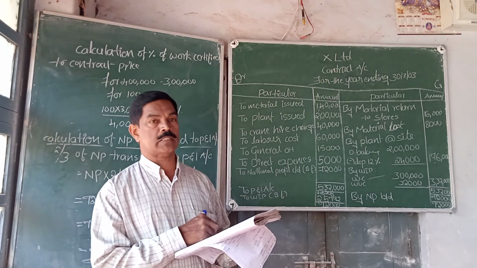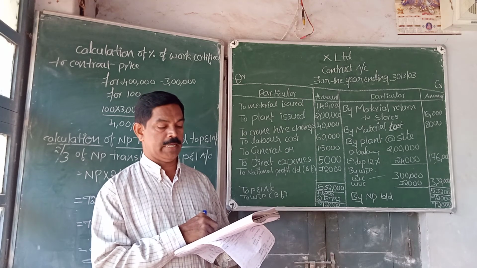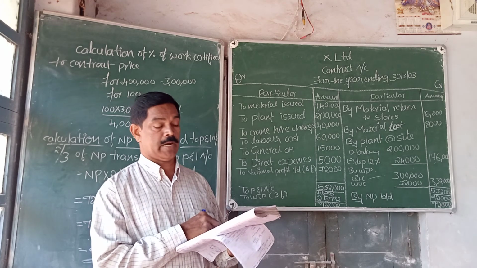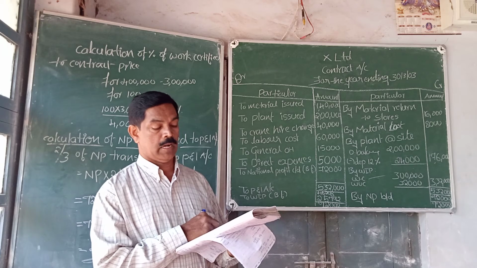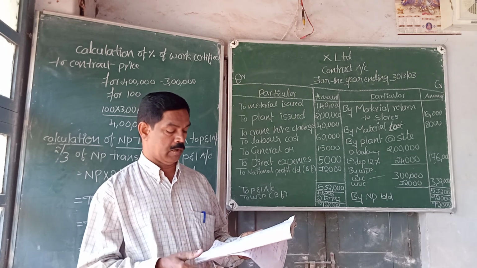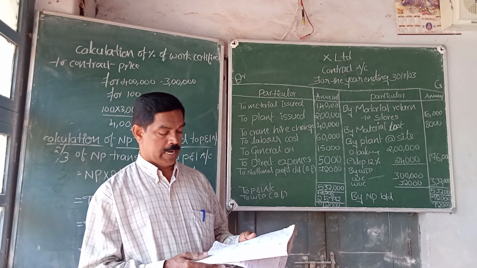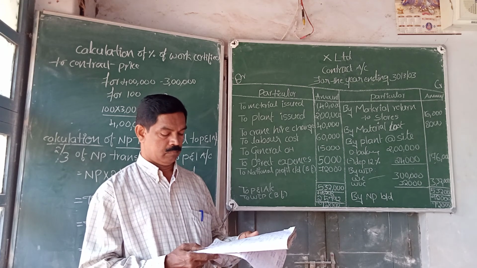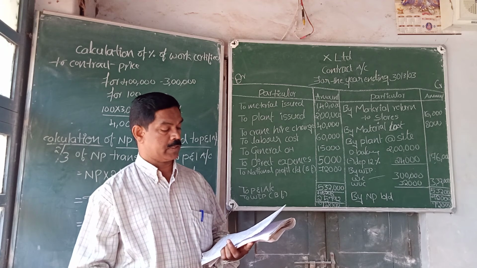Then work in progress: work certified plus work uncertified is 1,04,000. So here also there is a notional profit. And again here, 91% is completed.